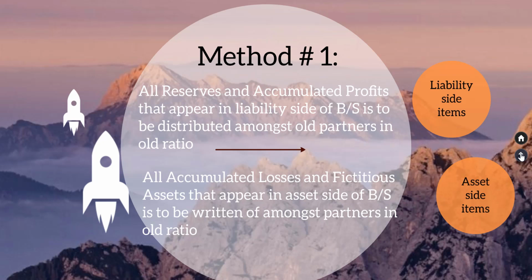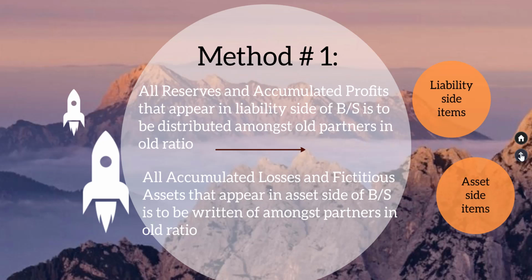Now the reserves and the P&L balance appearing in the liability side of the balance sheet have a credit balance, and we will debit these two items and distribute it among the partners in their old profit sharing ratio, thus cancelling these two accounts. That is why the journal entry is passed as reserve account debit, P&L account debit to partners' capital or current accounts in old profit sharing ratio.